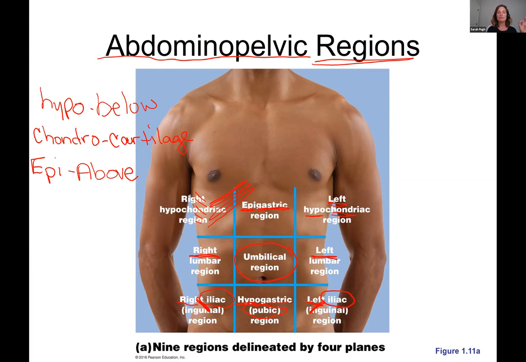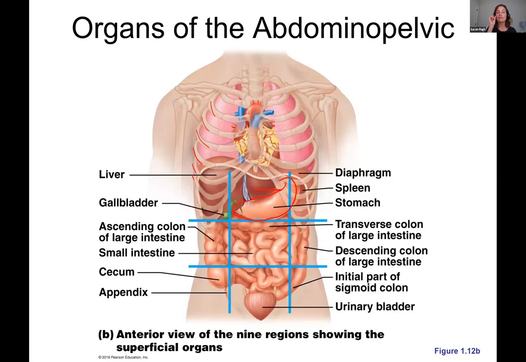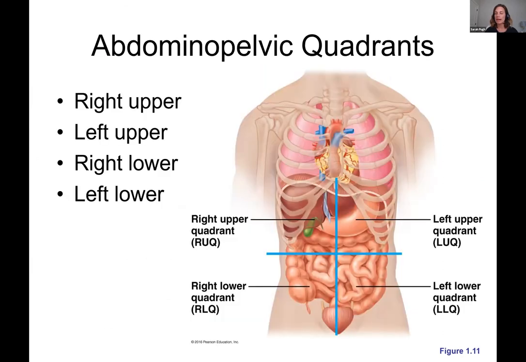So those are our 9 regions, 9 abdominopelvic regions. And again, we would use these especially when charting. And this is the image that correlates with those 9 regions and what organs are found in those 9 regions. Okay, and you'll be doing this on the lab. Now the last one kind of goes along with those regions.